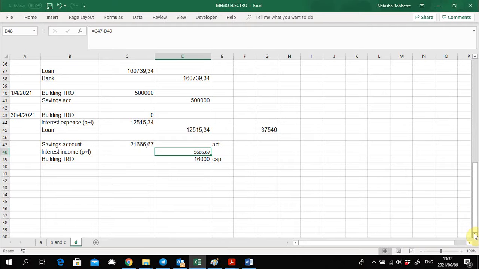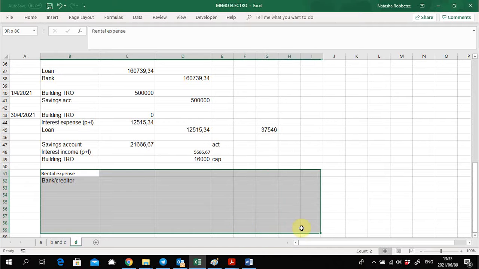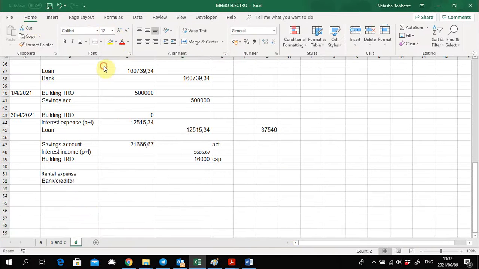There was also a rental expense that we have to account for, because there was a time frame for which we had to pay rent because we didn't have a building. One building was sold and the other building was still being constructed. So thus we were in a little situation where we had to rent on a month-to-month basis.